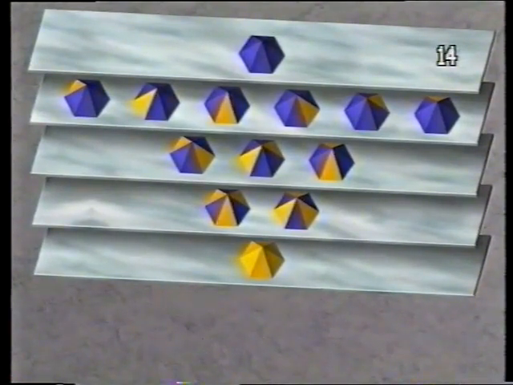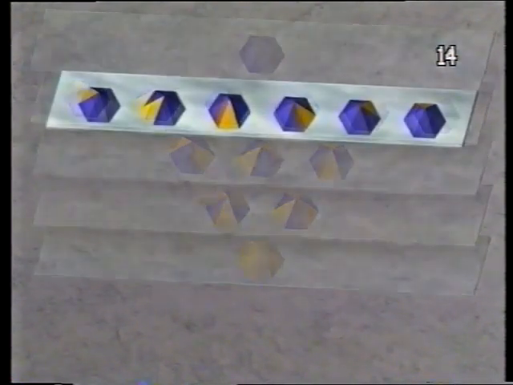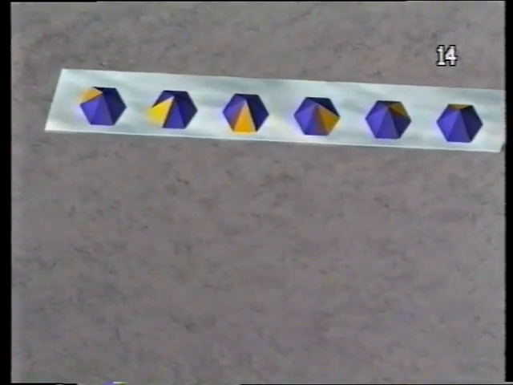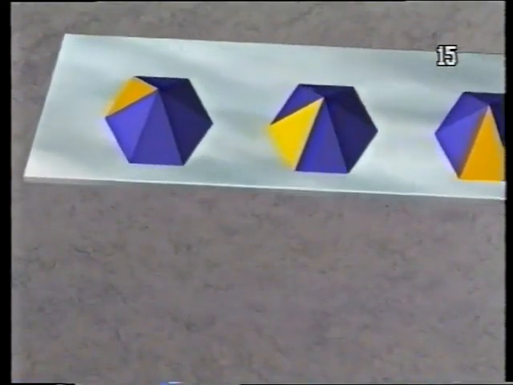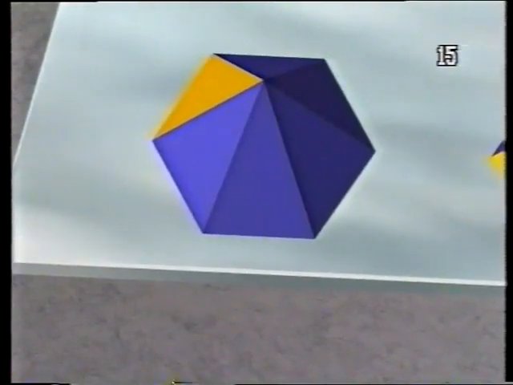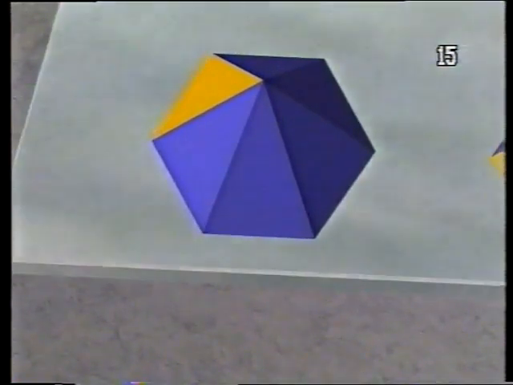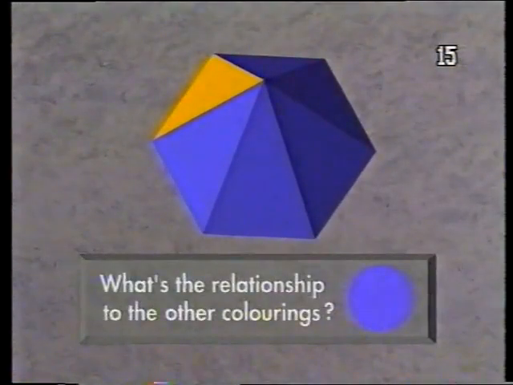Let's start by looking at the colourings in just one of the layers. For example, this colouring with 5 purple faces and 1 yellow one. What's its relationship to the other colourings in the layer?